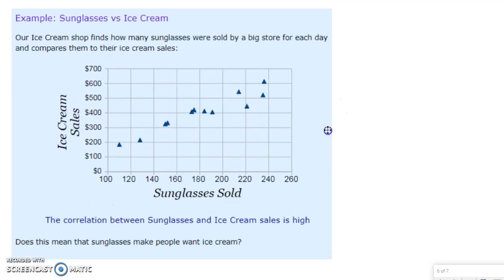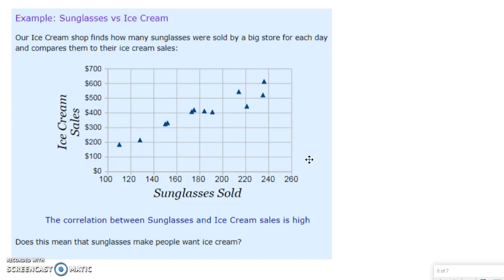Okay, this one. Sunglasses versus ice cream. So the number of sunglasses sold is increasing, as well as the ice cream sales. And so why do we think that is? Well, maybe because both of them increase in the summer. The number of sunglasses goes up because you're outside more, and then your ice cream sales go up because it's warmer out, and ice cream sounds better then.